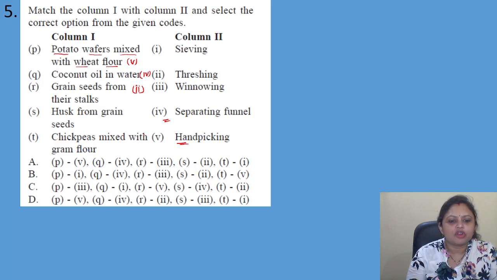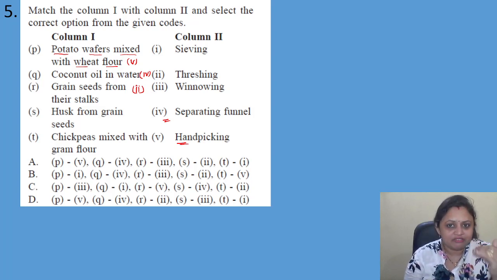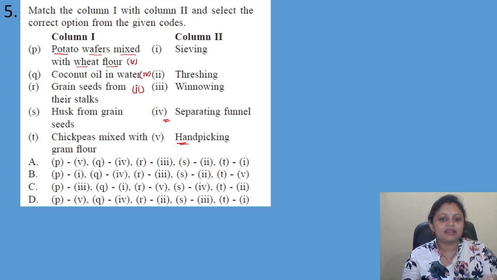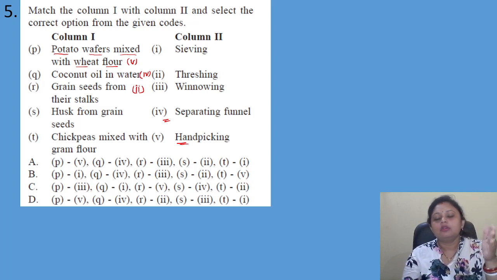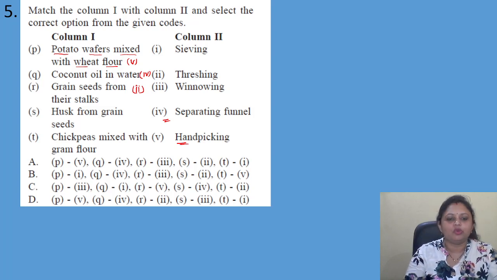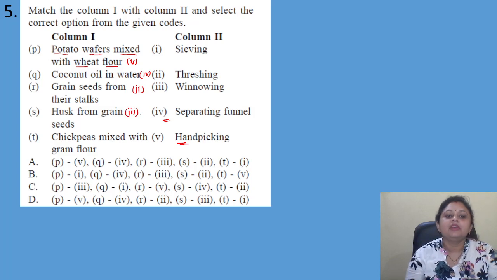Then husk from grain seed. जो husk from grain seed that is वो comparatively heavy होता है and husk that is comparatively light. तो उसको हम separate करने के लिए क्या करते हैं? We separate by the technique winnowing. Winnowing से हम उसे separate कर सकते हैं. Wind, using wind we are separating this. That's why the name is winnowing. So here we can write 3.